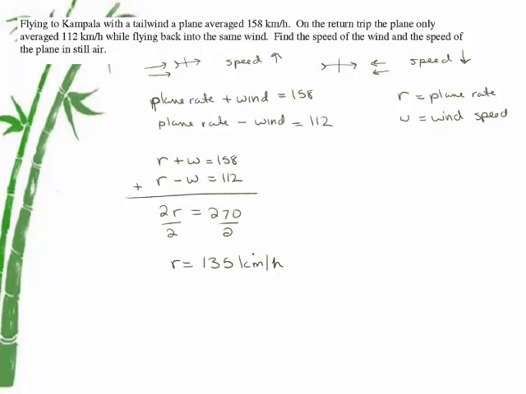But I want to find the speed of the wind also. So I have 135 plus the wind is equal to 158. If I subtract 135 from both sides, I have that the wind is equal to 23 kilometers per hour. So this is the plane and this is the wind.